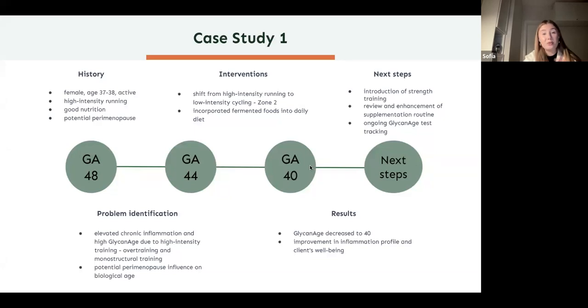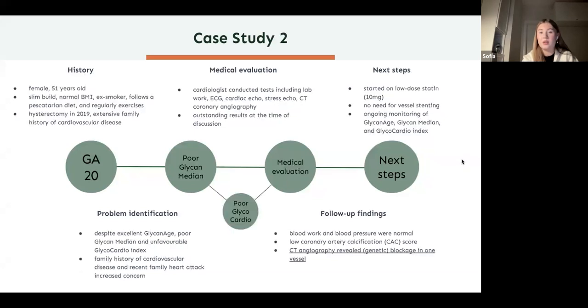Her GlycanAge dropped a further 4 years. And we are also recommending her to continue retesting with us to see how low we can go, right? So this is a very simple case study, but it is here to help you understand how you can use GlycanAge for different types of patients and what to pay attention to.